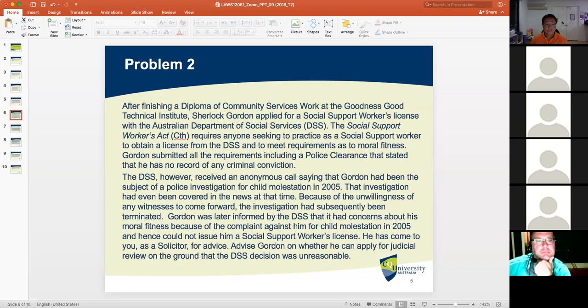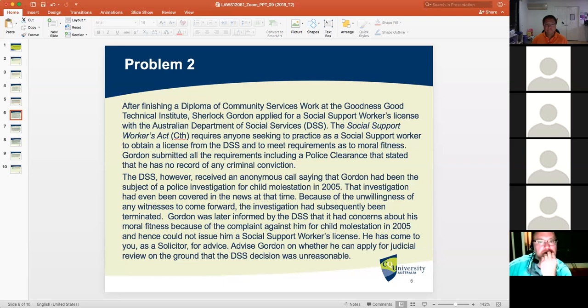The DSS, however, received an anonymous call saying that Gordon had been the subject of a police investigation for child molestation in 2005. That investigation had even been covered in the news at that time. Because of the unwillingness of any witness to come forward, the investigation had subsequently been terminated.